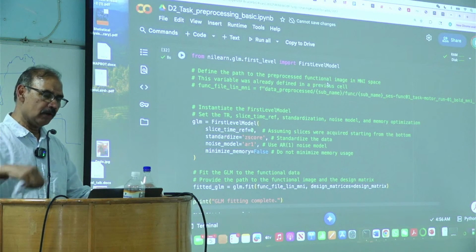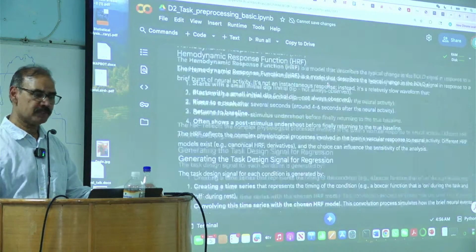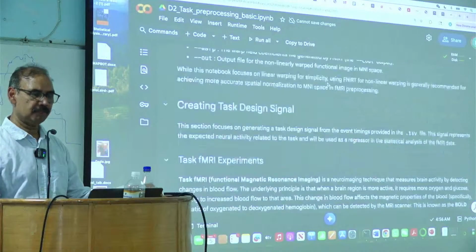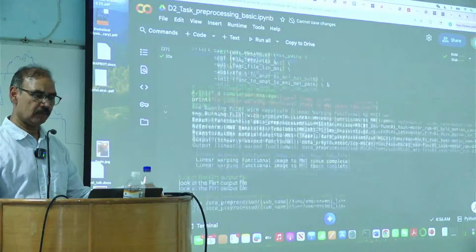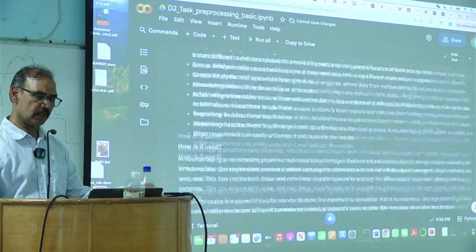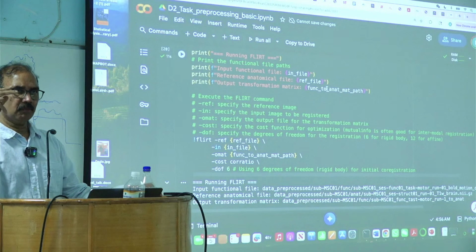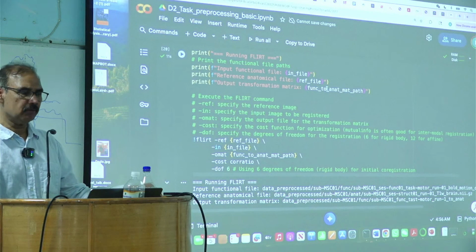So what I have done is for the first subject, there are a couple of things you can do. Remember, the first subject had two motor runs, motor run 1 and motor run 2.